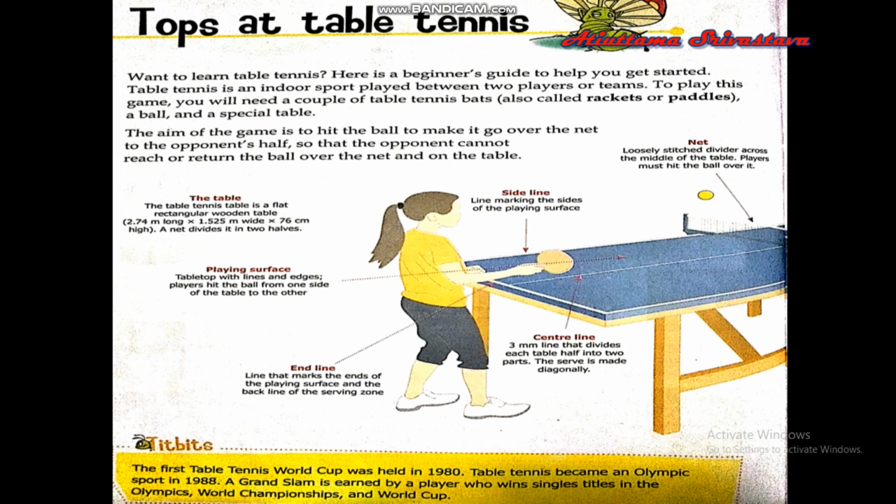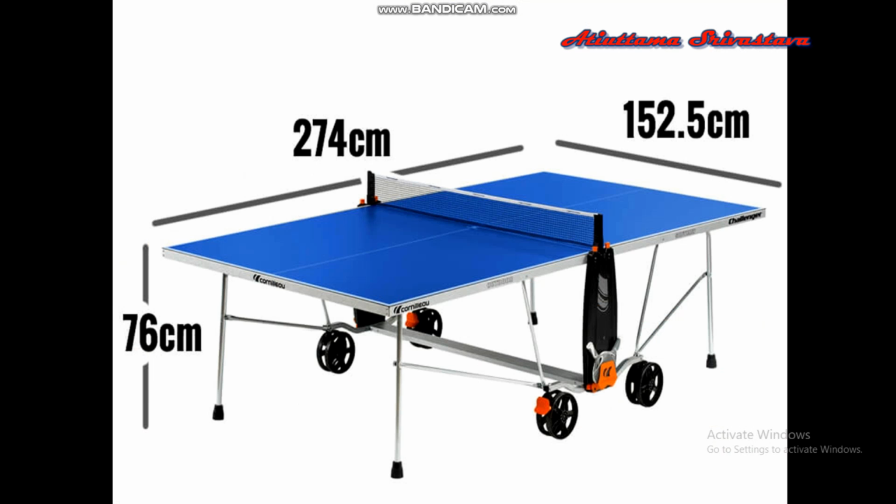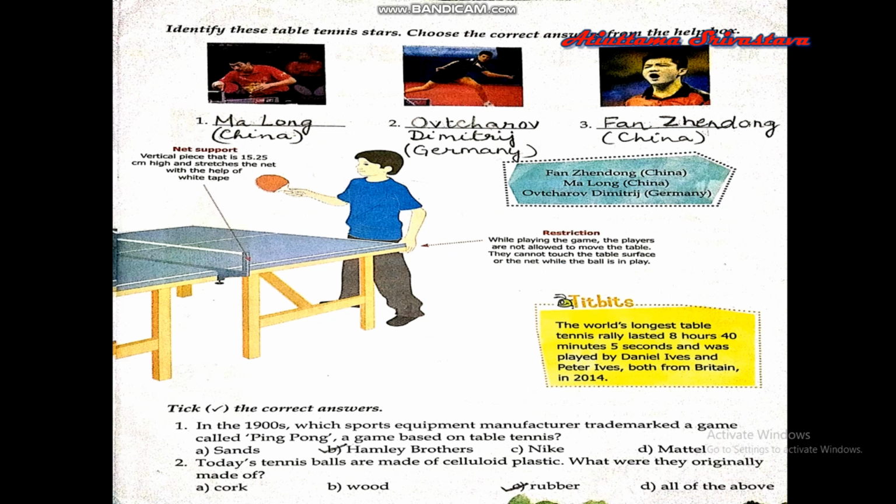Net. A loosely stitched divider across the middle of the table is the net. Players must hit the ball over it. Net support. Vertical pieces that are 15.25 centimeters high and stretch the net with the help of a white tape.